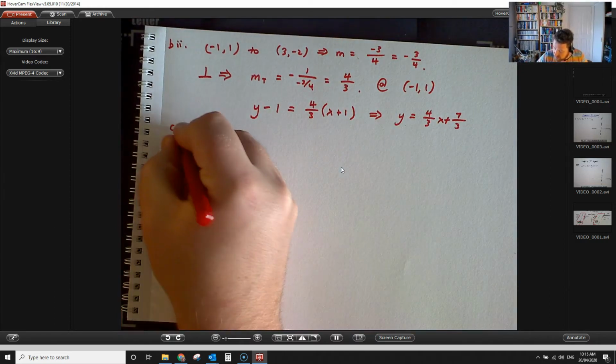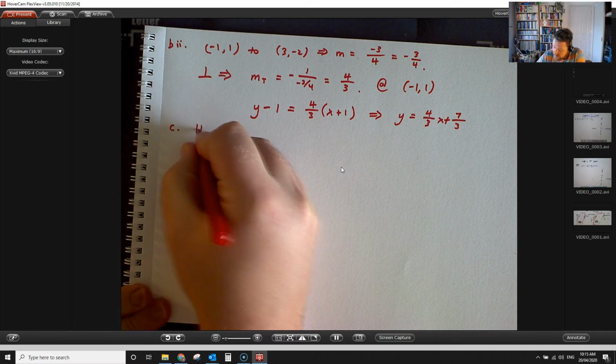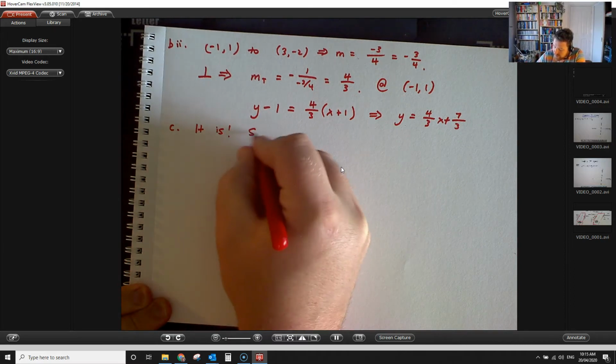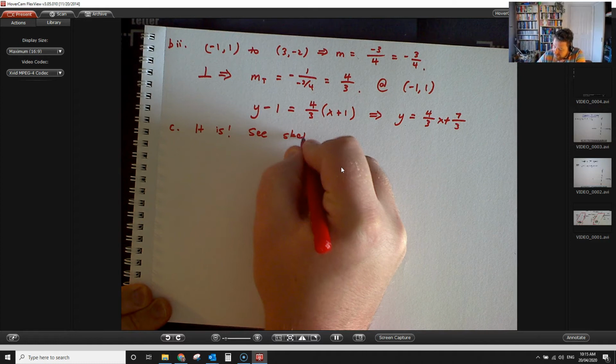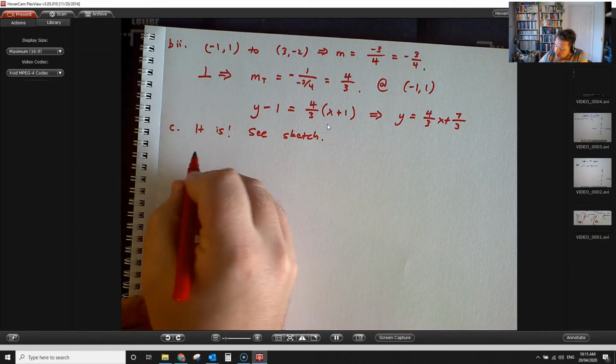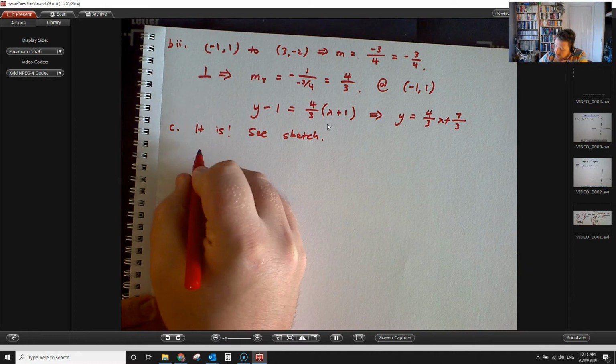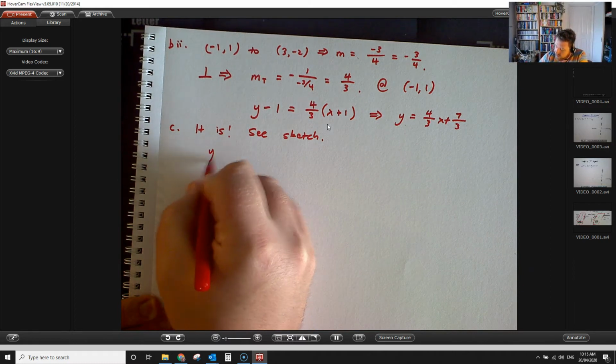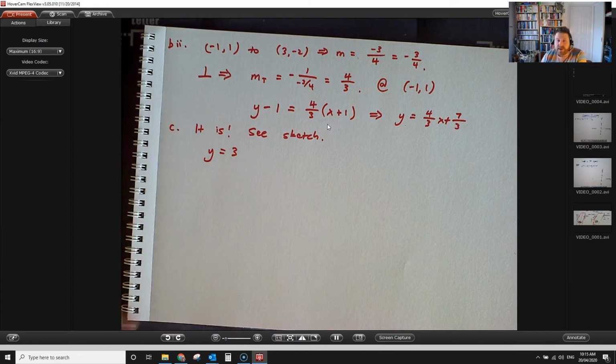So part C, it is on the circle because it's just exactly 5 above the center point. And the tangent is just going to be y equals 3 because it's a nice horizontal line.